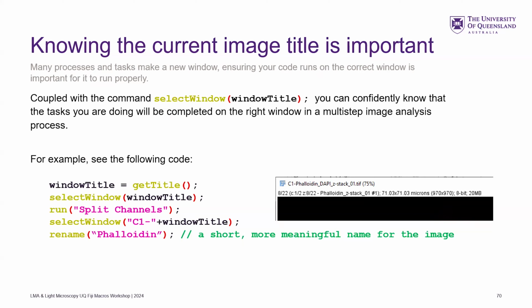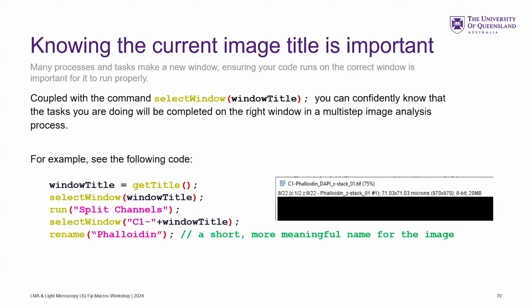And if I run split channels, for example, or a projection, you'll know that it says max underscore and then the window name. So you can say split channels, select C1 hyphen and then the window title. And then I might rename that colloid nuclei, whatever I'm doing in my script.